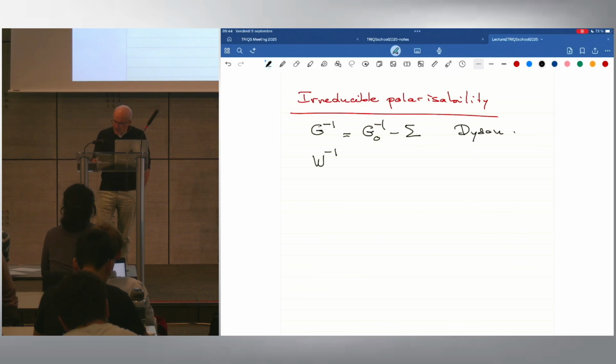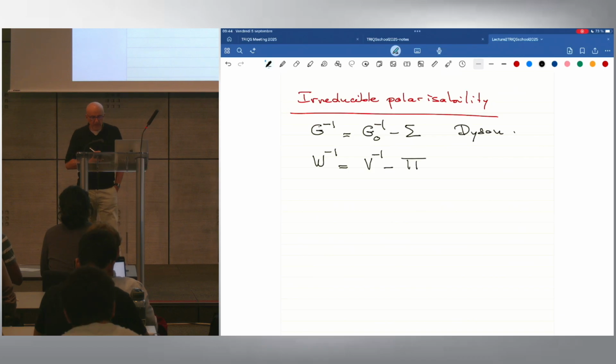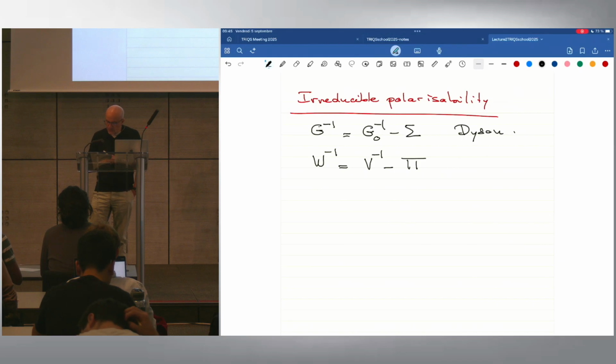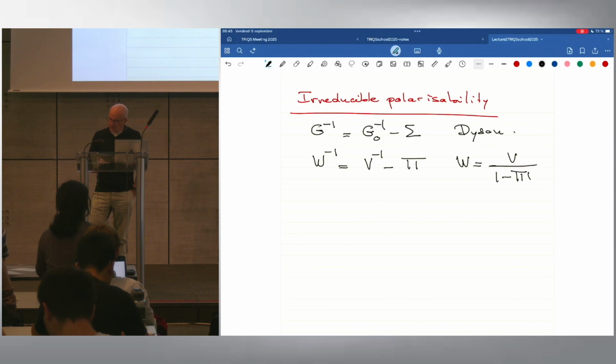So W minus 1, I can write as V minus 1, where V is the bare Coulomb potential, minus what plays the role of a self-energy, and this is my irreducible polarizability pi. Okay? And so in terms of this pi, you see that this equation can also be written W equal V over 1 minus pi V, which is something which is often used in the theory of screening.